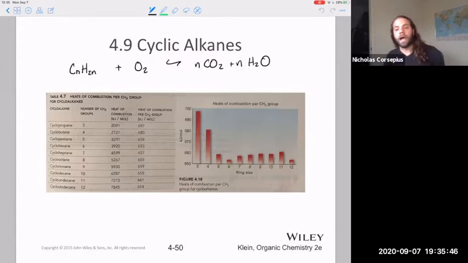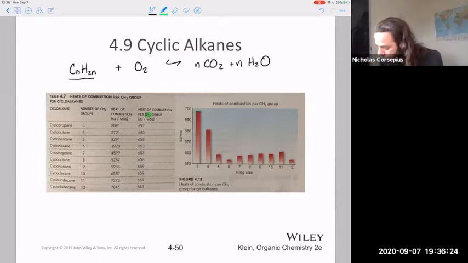So because they all have this very similar formula, you can compare the heat that's released when you combust each of these per CH2, per unit of CH2, all right? And so what we'll see is cyclopropane, and let's look at this graph here.